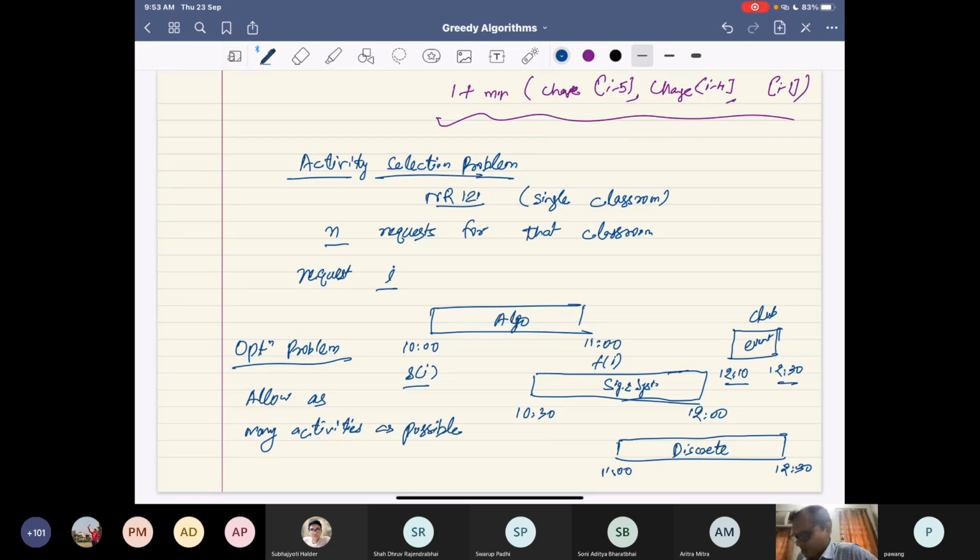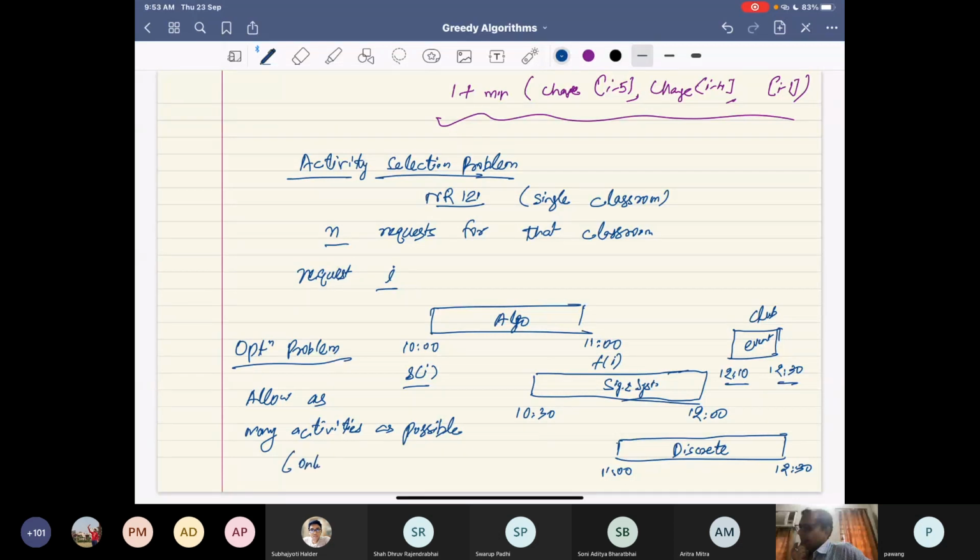So can I allow all four activities here? No, sir. So that is as many activities as possible.